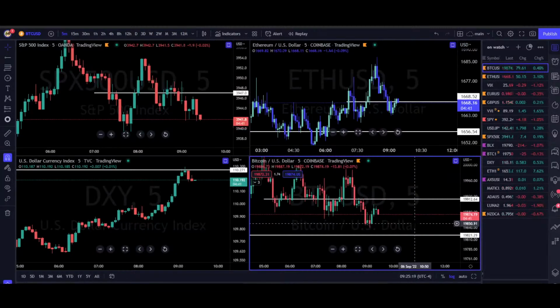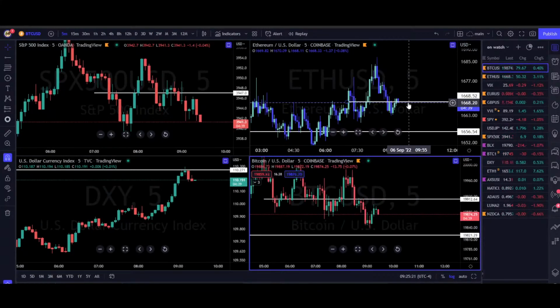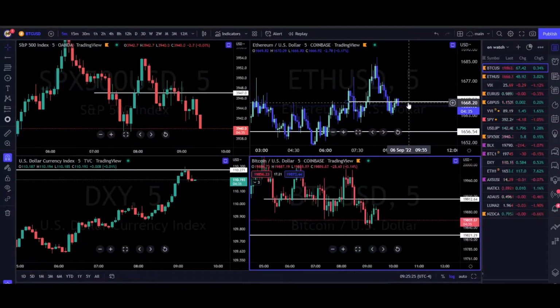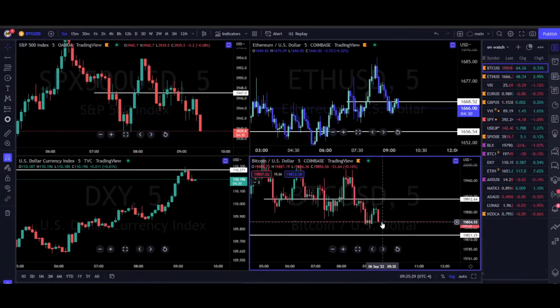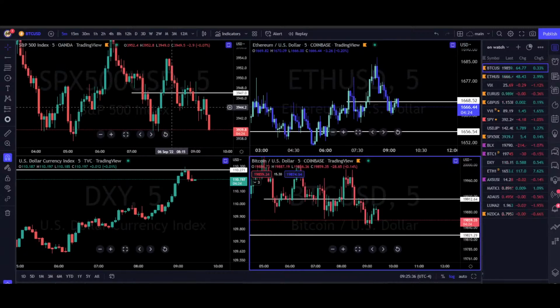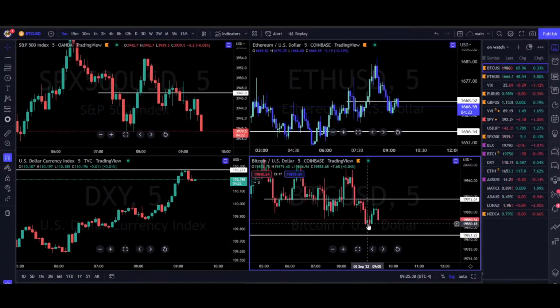You can't do both. I guess one could and then hedge that off, but that was your short entry on Ethereum right there. Here would be your long entry on Bitcoin right here. SPX is trending lower. So be careful on the Bitcoin entry.